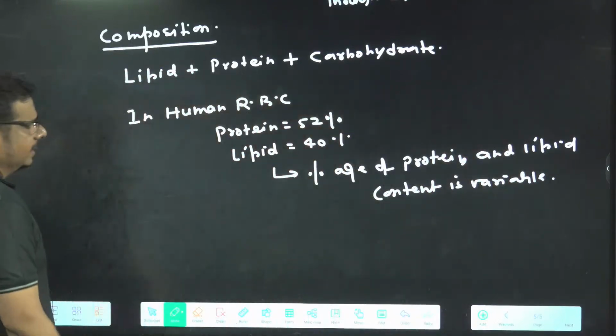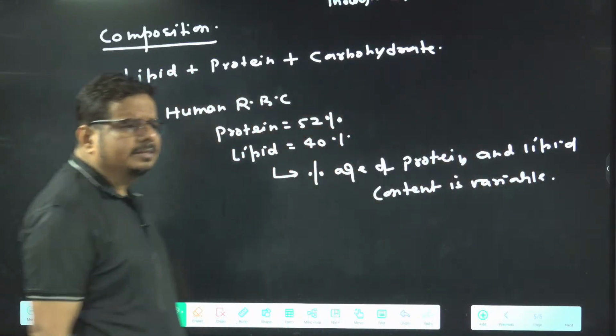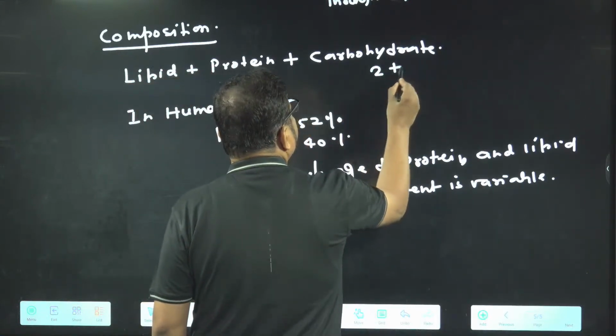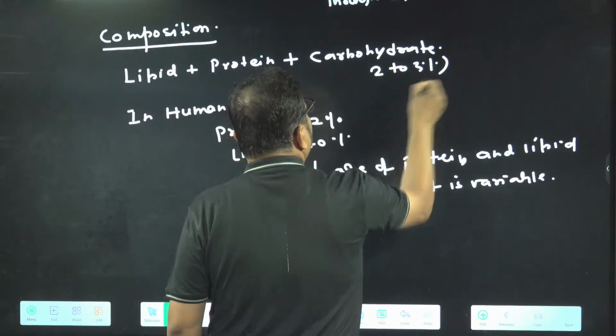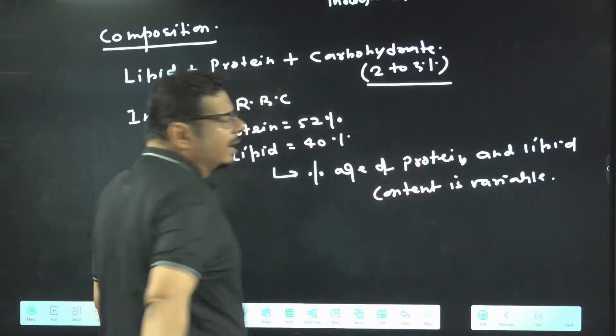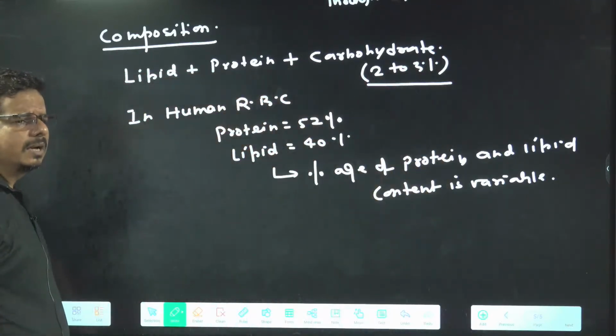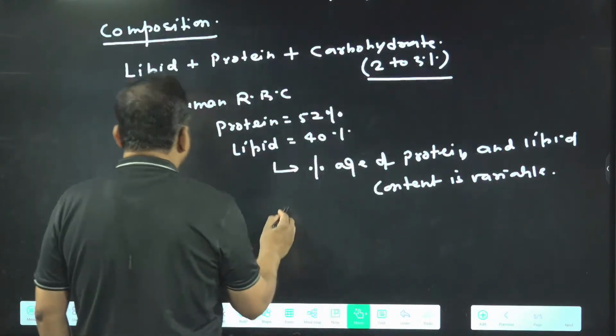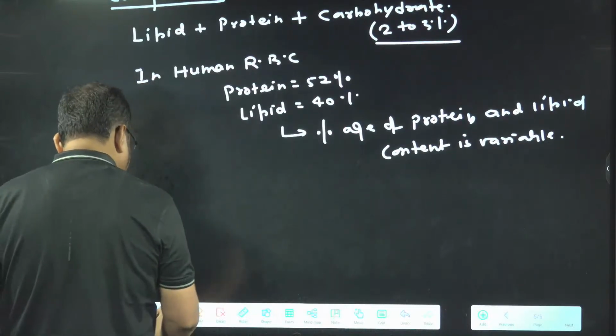If we talk about carbohydrate, it is 2 to 3%. Now we are going to come on lipid part of the plasma membrane.